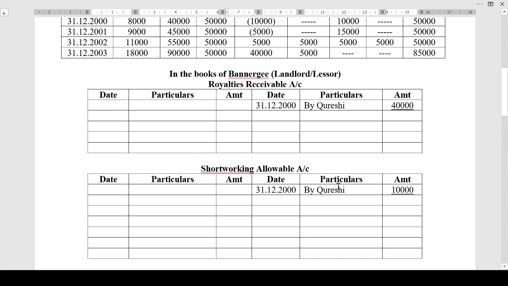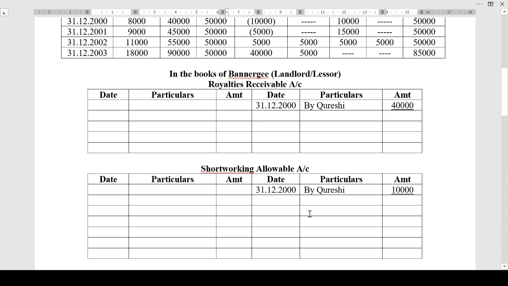Next one is payment. Now, since we are in the books of the landlord, will pay or will receive? Will receive. So it will be bank account debit. From whom is he receiving? Qureshi.